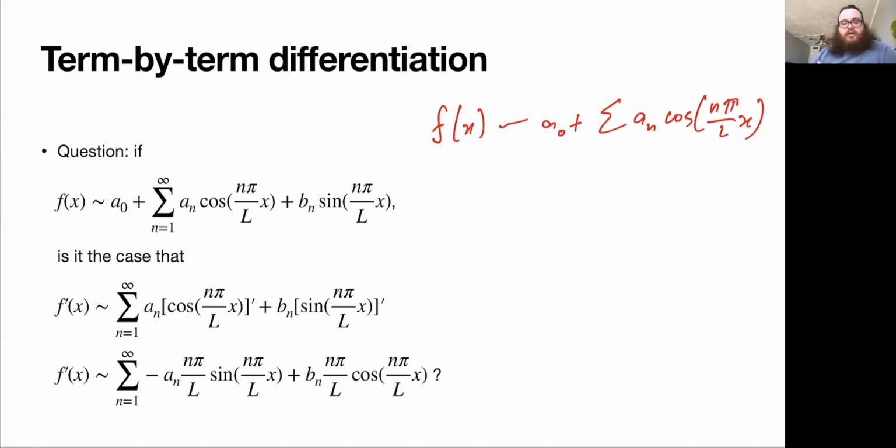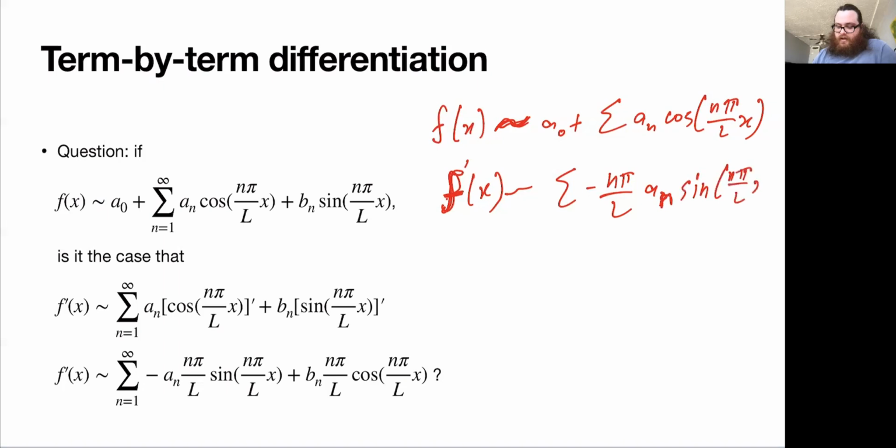Now, if you differentiate it, term by term or otherwise, the derivative is going to look like the sum of minus n pi over L, a n sine of n pi over L x.